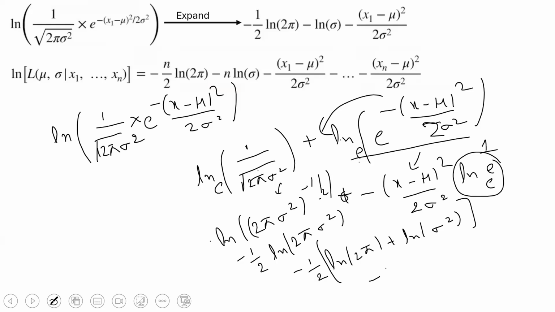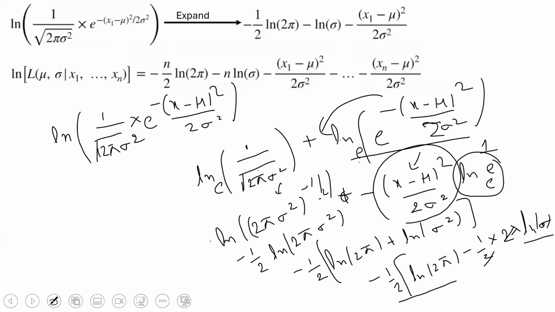So minus 1 by 2 into ln of 2 pi, and minus 1 by 2 into ln of sigma square. If I bring this 2 forward, it becomes ln of sigma, and the 2 and 2 will get cancelled. Finally, what is remaining here: minus 1 by 2 ln of 2 pi, minus ln of sigma, minus (x minus mu) whole square by 2 into sigma square.